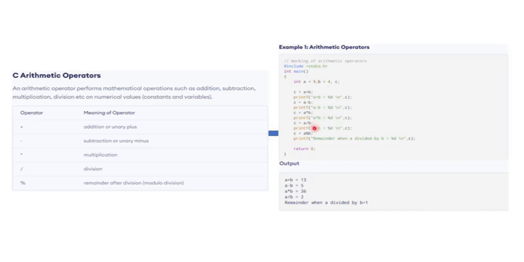Just look at this statement: c equal to a percentage b, divide 9 by 4. The quotient is 2 but the remainder is 1. So a divided by b will return the quotient, but a modulo b will return the remainder. This is important, keep this in mind.